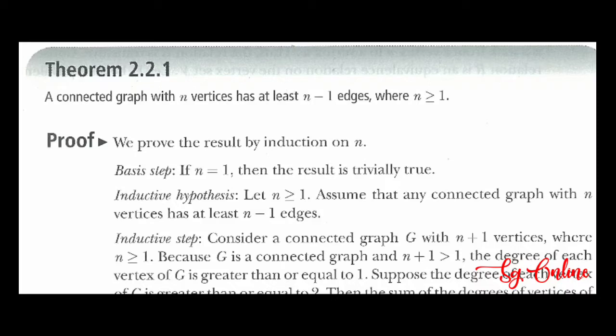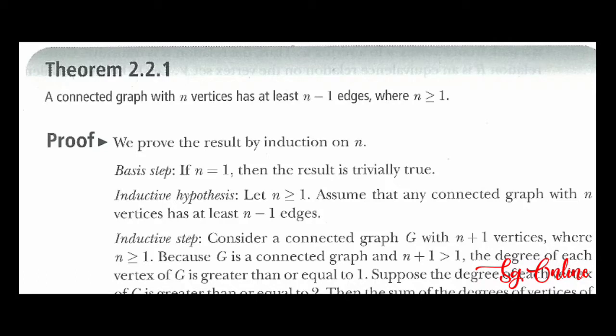If there are loops, then we have more edges, but if there is no loop, then there is no edge, and you have at least 0 edges. That means 1 minus 1 is 0, and so the result is true for n equal to 1. For a one vertex connected graph, there is at least 0 edges.